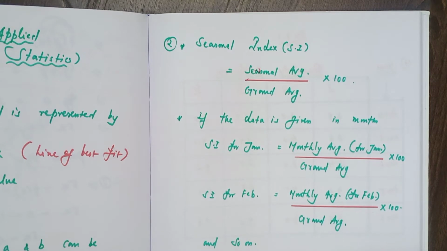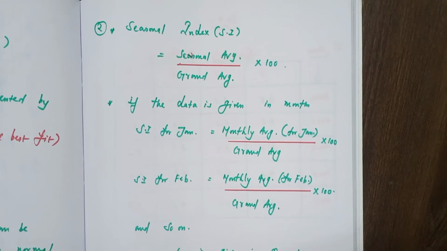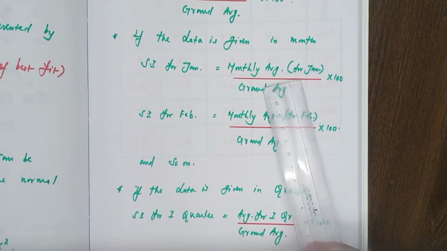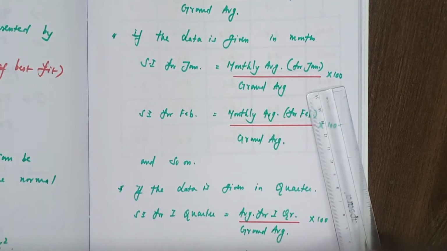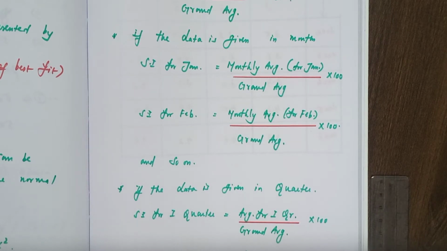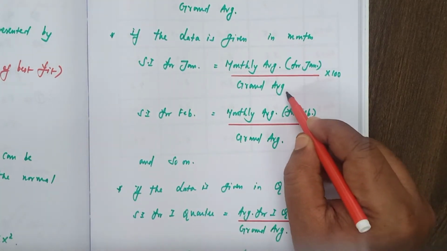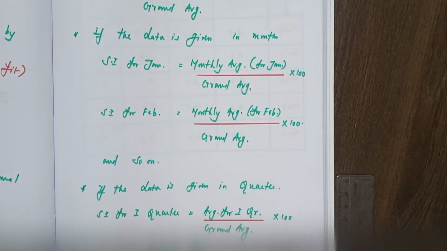If the data is given in months, the seasonal index for January equals the monthly average for January divided by grand average into 100, and the seasonal index for February equals the monthly average for February divided by grand average into 100, and so on. So we can calculate the seasonal index for all 12 months, from January to December.